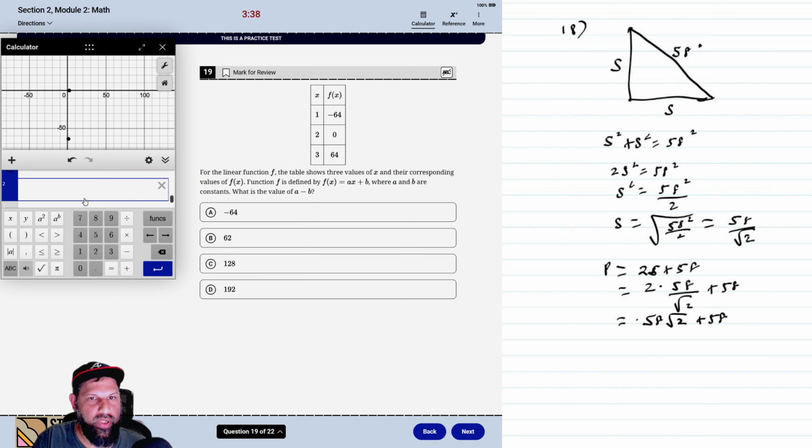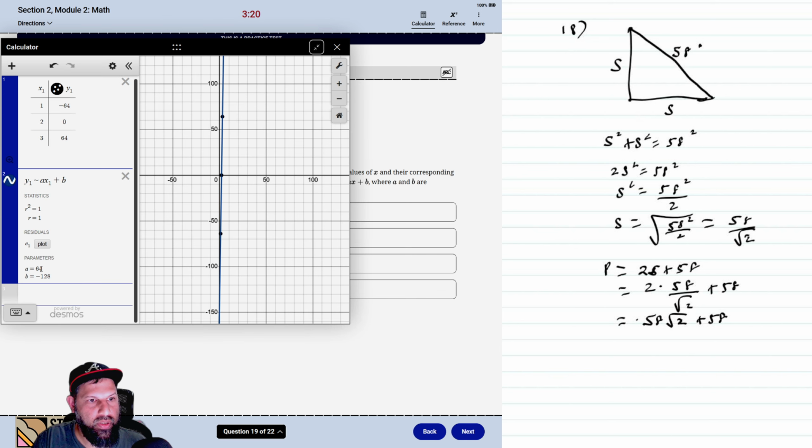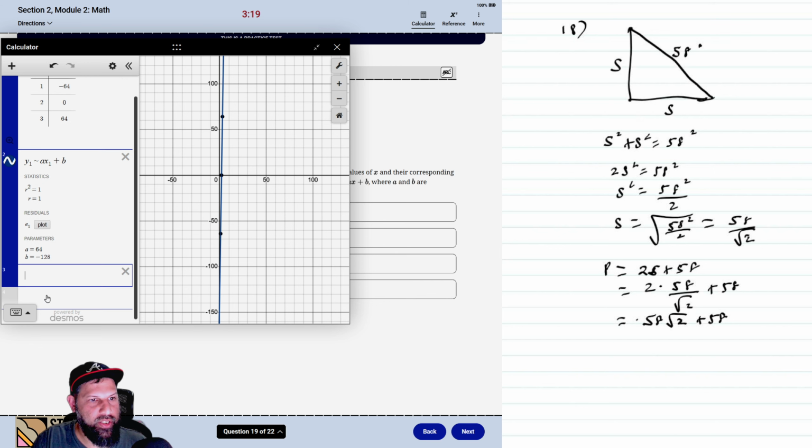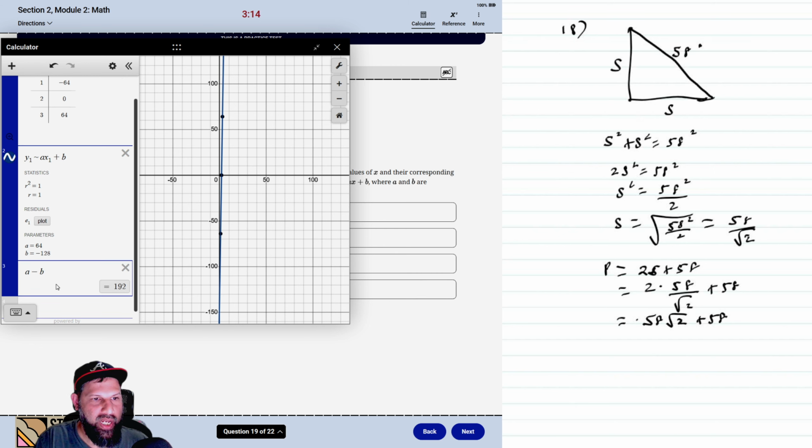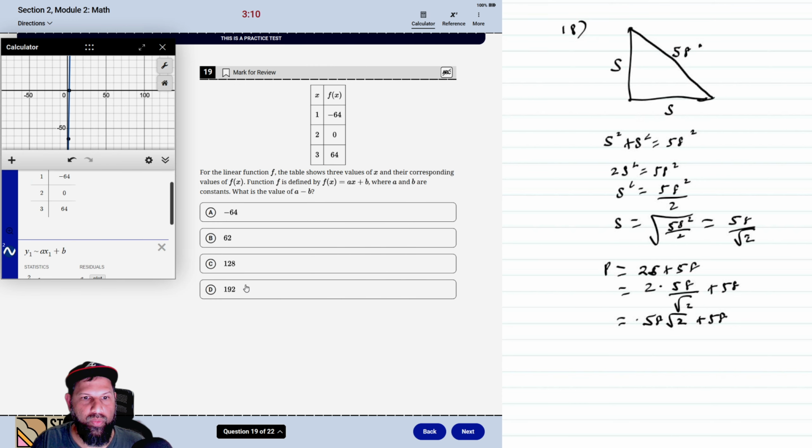And then this next equation will be y1 is going to be equal to a x1 plus b. Okay, and then you can look at the residuals. A is going to be 64 and b is going to be negative 128, and we want to find a minus b. A minus b is going to be 192. Okay, so the answer is going to be 192.